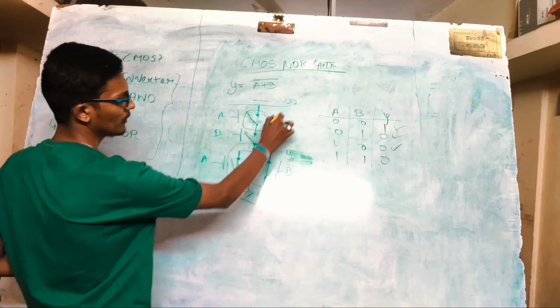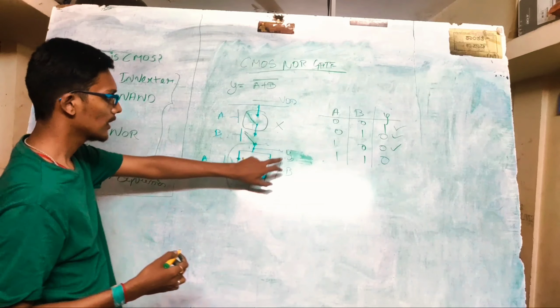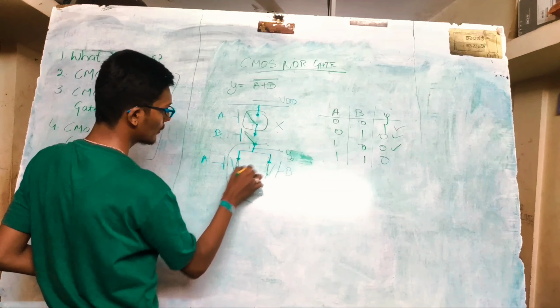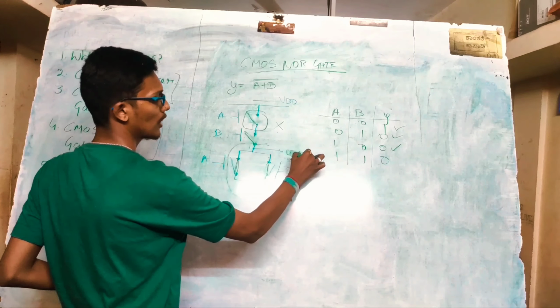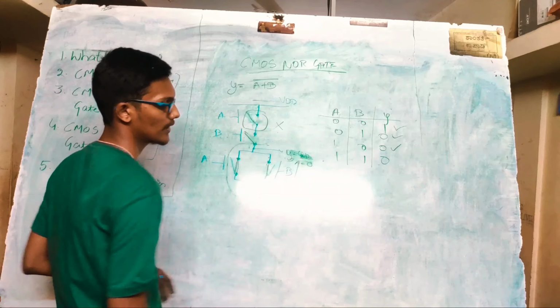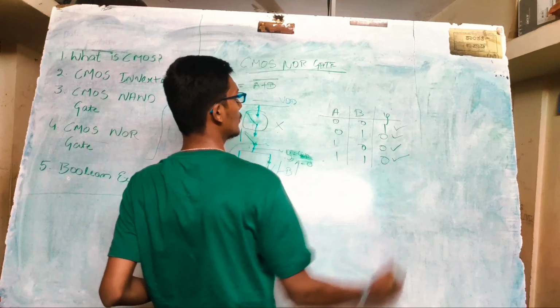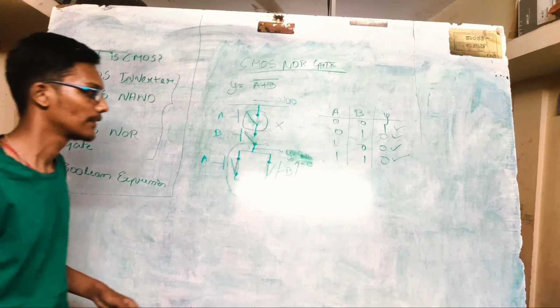So there is no path between VDD and Y. So this path is not considered, and due to short circuit of A and B, there is a path established between Y and ground, and Y is at ground. That is, we will consider it as logic 0. So the fourth combination is also verified. Like this, a truth table is verified using the switch logic concept.